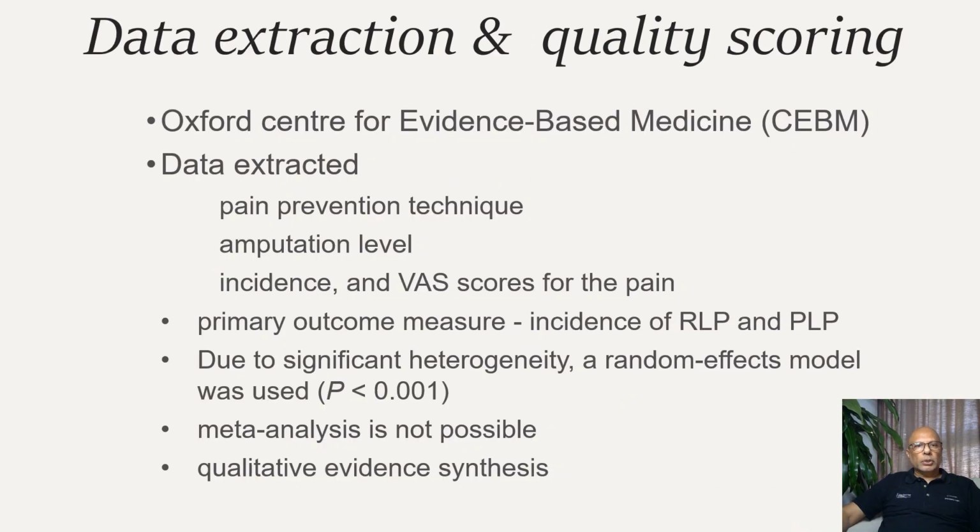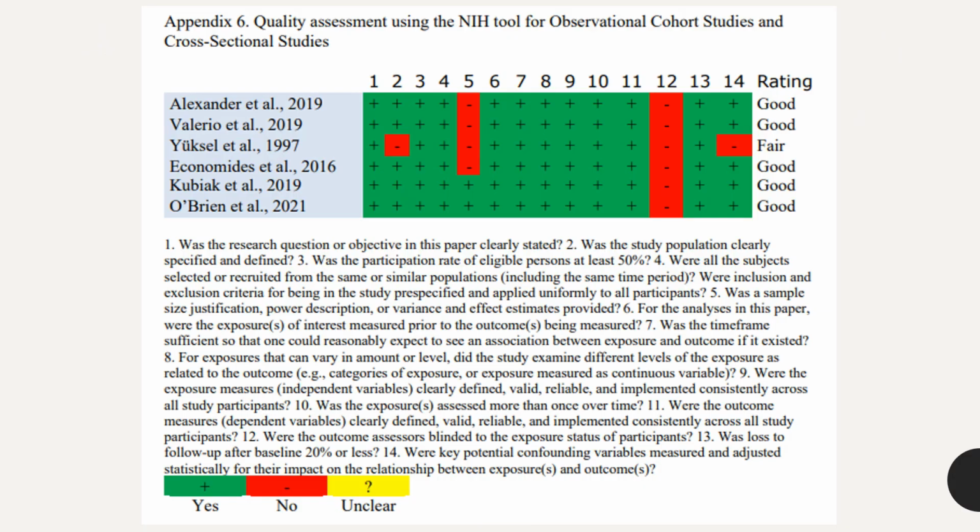To ensure quality control, data extraction was performed in accordance with the Oxford Centre for Evidence-Based Medicine, where we ensured pain measurement was done post-operatively with specific measures, and the outcome measure was the prevalence of residual limb pain or phantom limb pain. The various recommended tools for assessing the quality of each paper were applied.